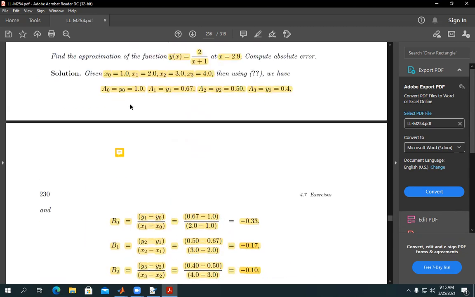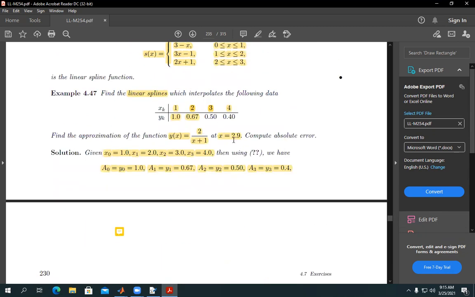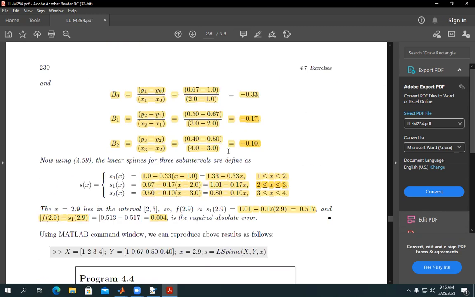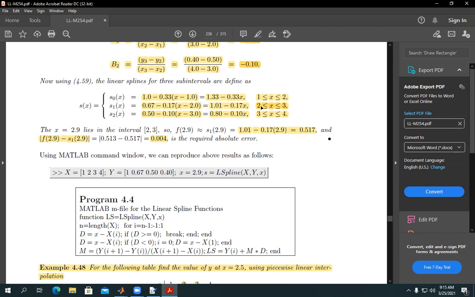So you have to look at what is given. The interpolating point given is 2.9. You have to check which interval 2.9 is in. It is this one. It means your best subline function is S1.